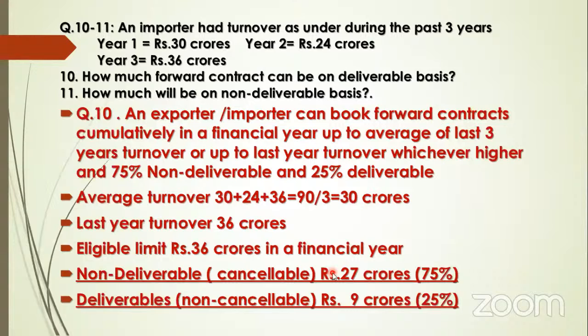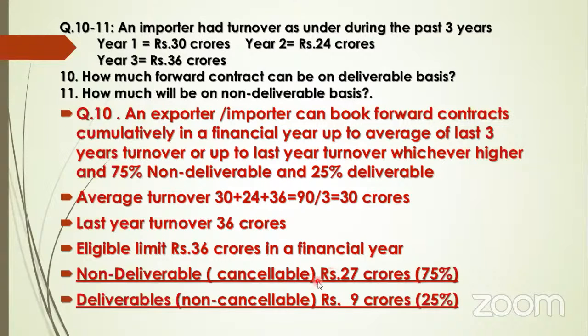Two benefits you cannot give him. One benefit you already gave him up to 75%: let him book the contract, let him cancel the contract, let him take the profit. But for the 25%, you don't allow him the profit. If he cancels it and it results in profit, the bank will keep it. Sir, suppose the customer has only one forward contract, then what will happen, sir?